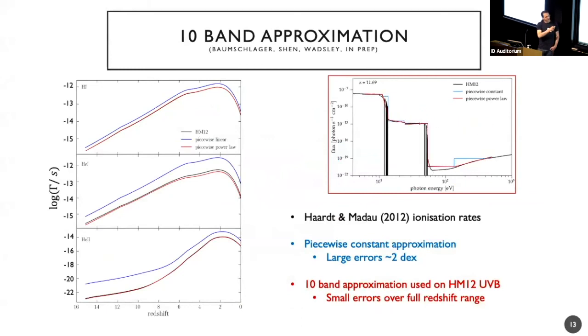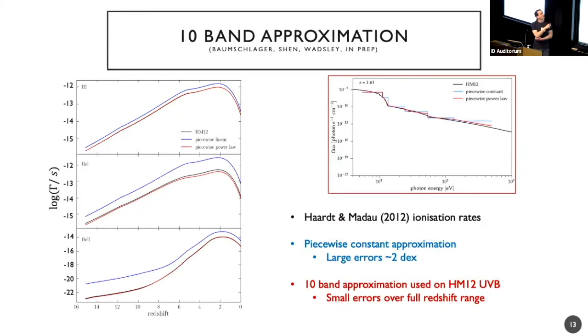The blue lines are the piecewise constant approximation. That's usually what is done in radiative transfer codes. You have your ionization bin, say H1, helium-1, helium-2, and you have 1 value of flux and 1 value for the cross section, which you hopefully adjust to the spectral shape. But typically it's used as 1 value, and that's what I did for the blue lines.